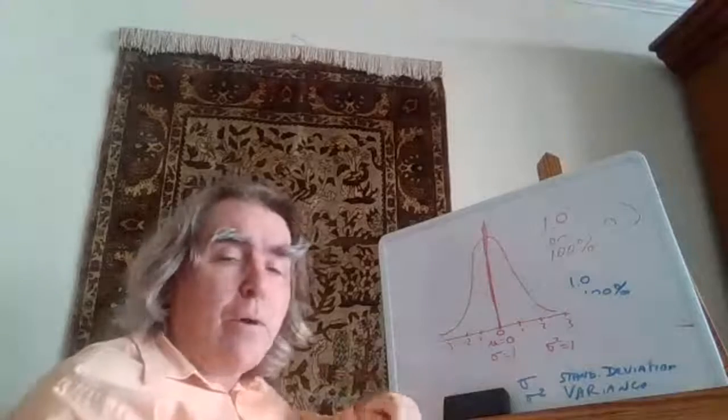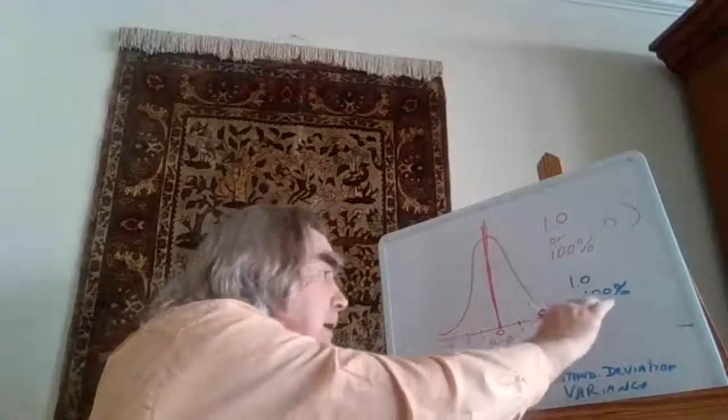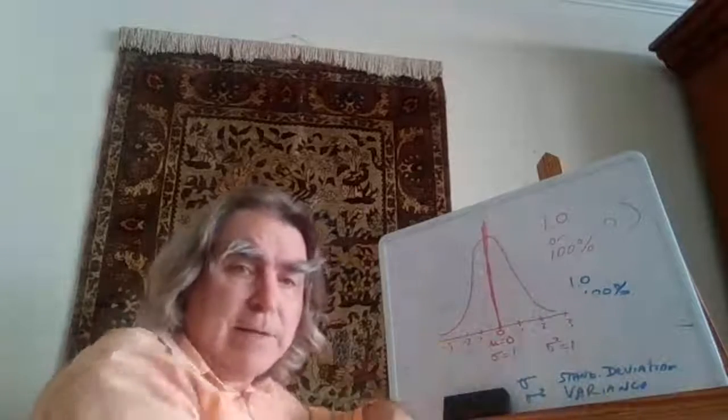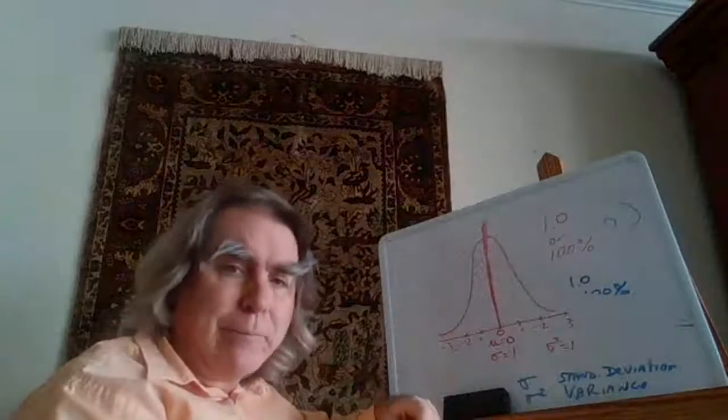The area under the whole curve from minus infinity to positive infinity has to equal 1, right?